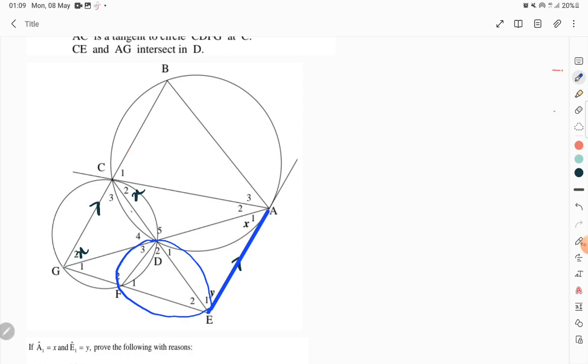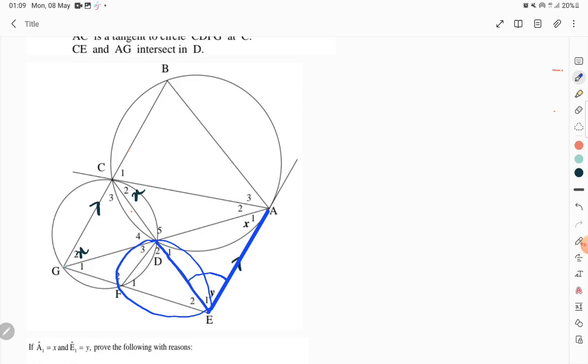When you're proving that AE is a tangent, you need to know that this line, which you don't know whether it's a tangent, and this chord over here called DE, are subtending the angle Y over there.